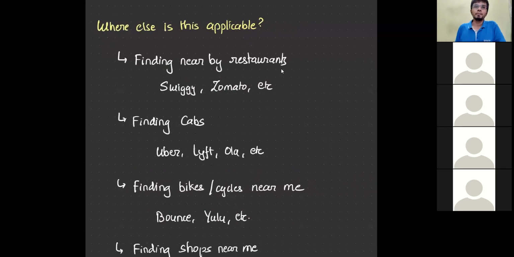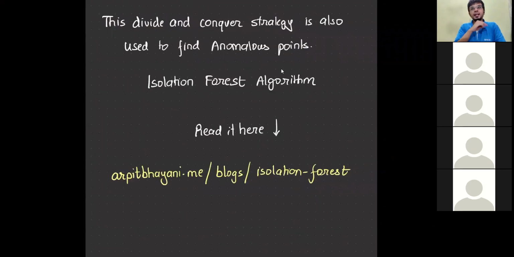Okay. So now we talked about divide and conquer. One thing I would really want you guys to do: this sort of divide and conquer strategy is also used to find anomalous points from a data set. Now that we talked about geocode, you'd say geocode is where, anomaly detection is where.